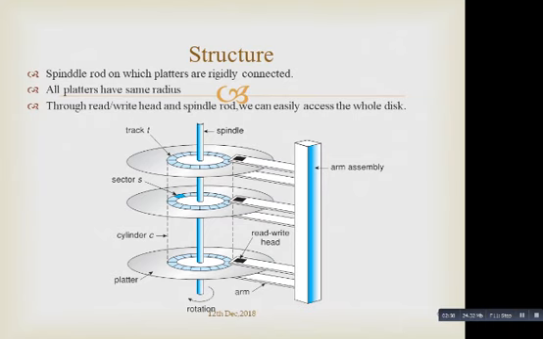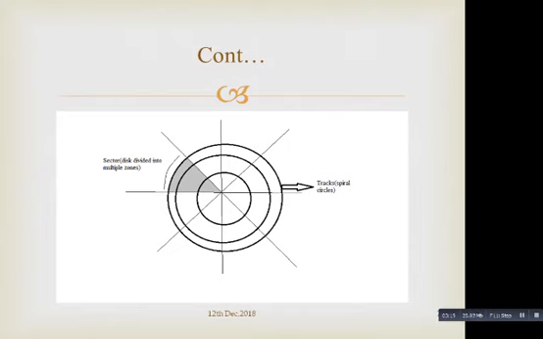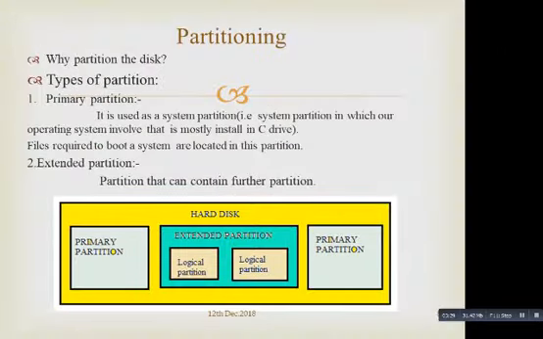The bubbles on the platters have some values, either 0 or 1. 1 means that we can perform a read or write operation, and 0 means no operation will be performed. Through this spindle and the read write head, we can access the whole data in the disk. And these are tracks in circular form, and when we divide a track into multiple zones, we call it a sector.